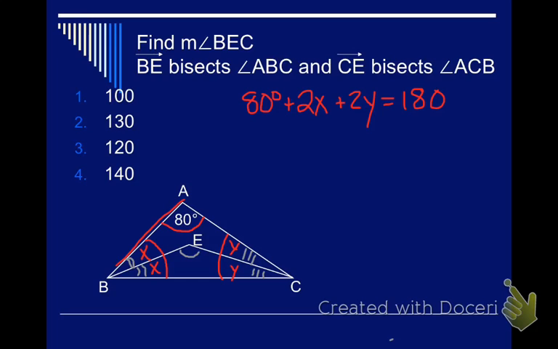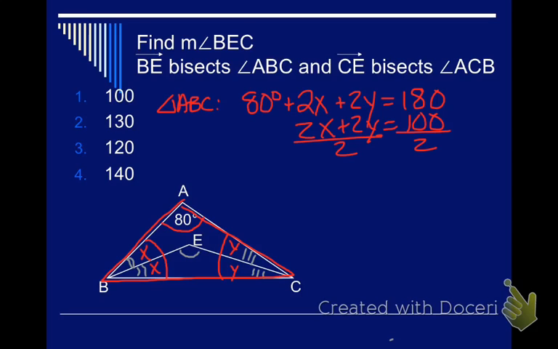It's looking at this big triangle ABC. If we subtract the 80, that gets us 100. If we divide by 2, x plus y is equal to 50.